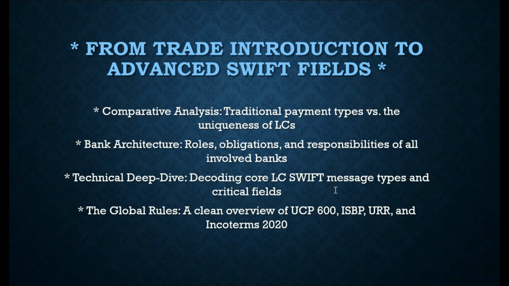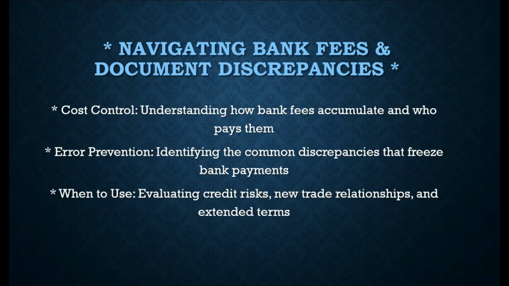You will also get a practical, technical deep dive into actual LC Swift message types and mandatory Swift fields. Plus, we tie everything together with a clear operational overview of the essential ICC publications governing trade today, which is UCP 600 mainly, and the allied ones: ISBP, URR, and Incoterms. Then, managing fees, risk, and discrepancies.